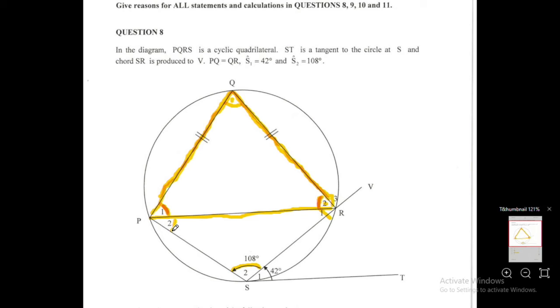Now remember, in our question they said ST is a tangent.